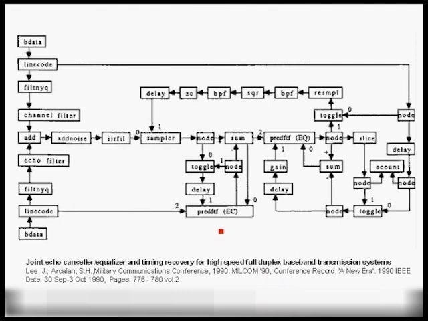This is a very complex system. We have basically a digital subscriber line in which we have a local data generator and a remote data generator. We have echo cancellation and equalization, and we have a timing recovery loop that actually goes back and recovers the timing and resamples the input sequence while you're simultaneously doing echo cancellation and equalization.